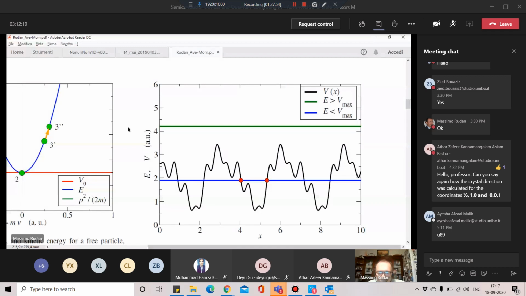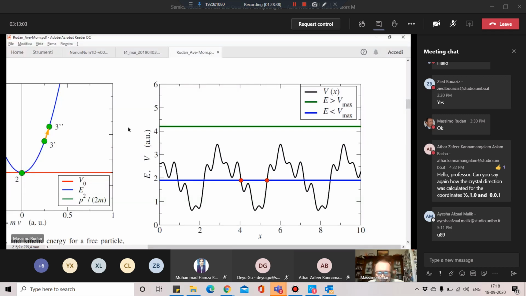Now, we have two possibilities in this case, because you see that the black curve representing the potential energy has minima and maxima, okay? So we have one possibility that is represented by the green line, in which the constant representing the total energy is larger than the maximum potential energy, okay?